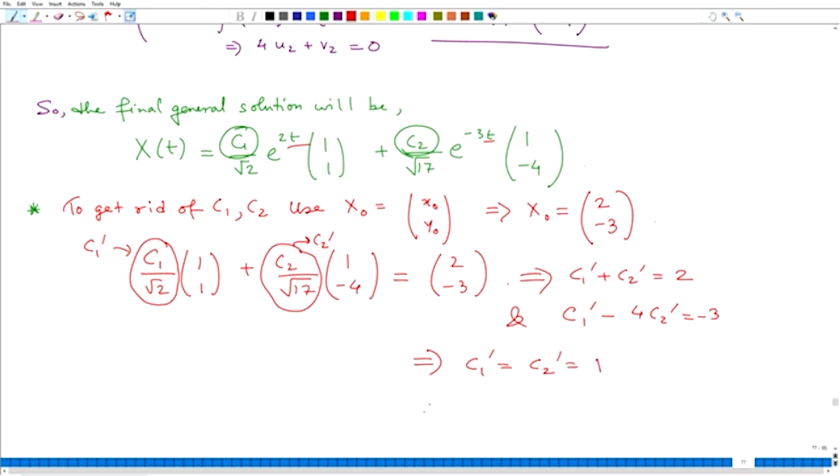So, then of course, C1 will be equal to root 2 and C2 will be equal to root 17.